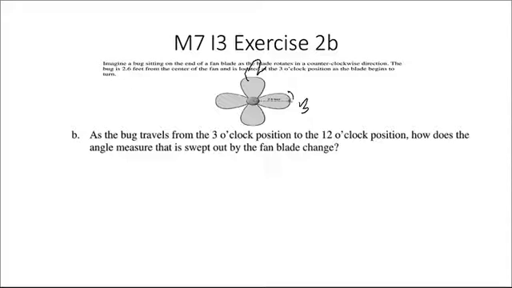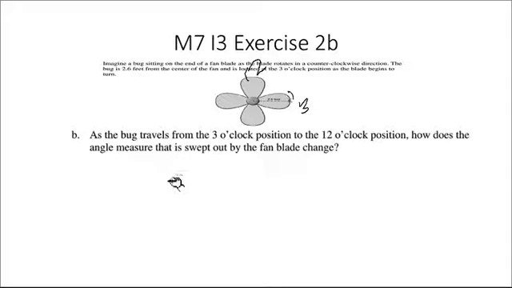Well, in radians, we know that there are going to be 2 pi radians in a complete revolution. So a half of a revolution would be pi radians, not 2 pi, and then a half of a half would be a half of pi.